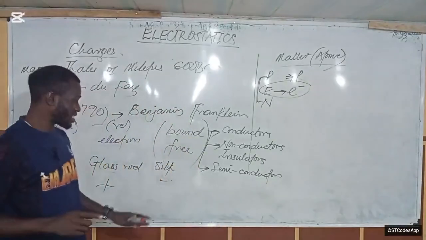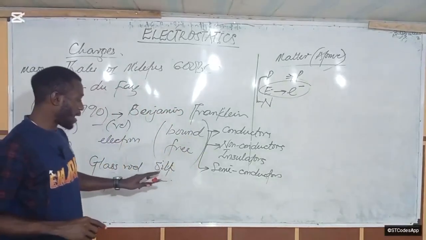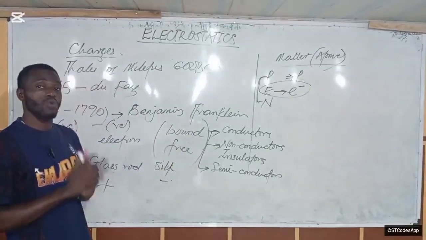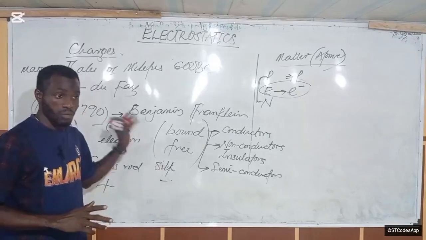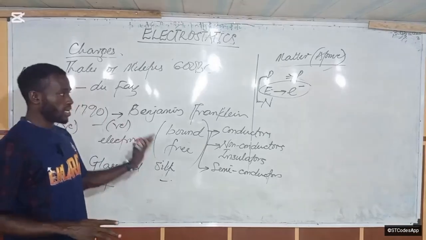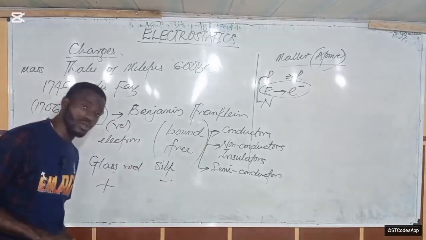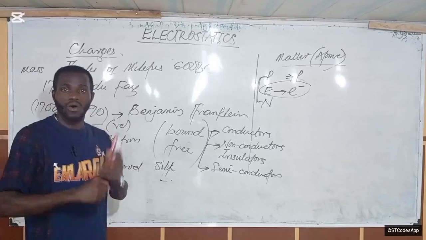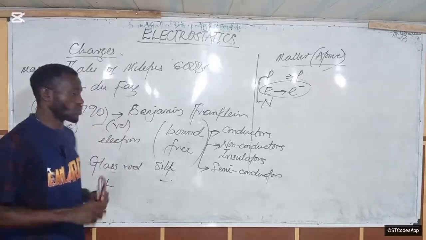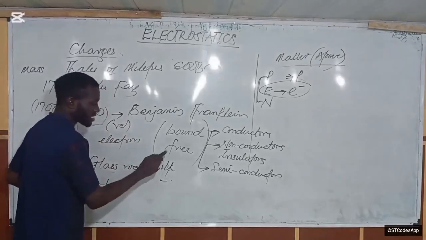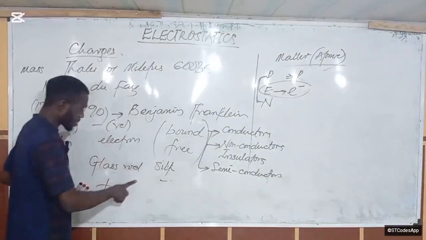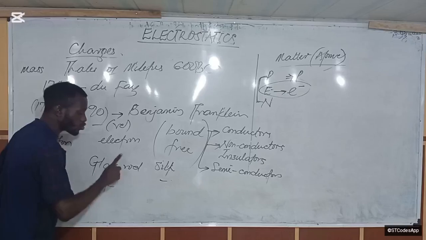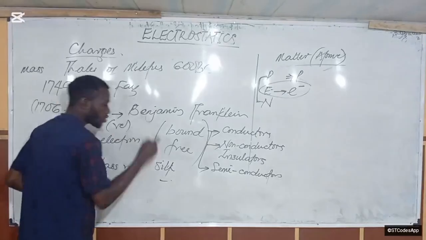So it is such that the silk initially has an equal number of positive charges and negative charges. Then the glass rod also has an equal number of positive and negative charges. But on frictional contact, the glass rod is going to lose some of its electrons to the silk.